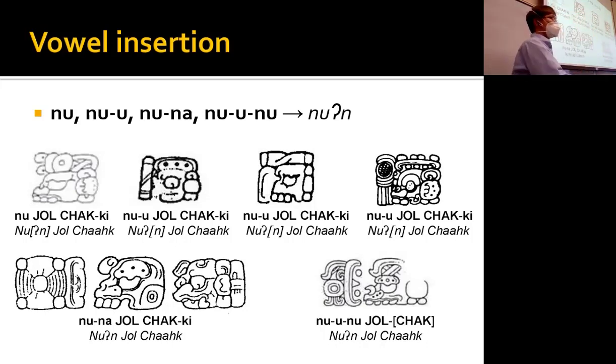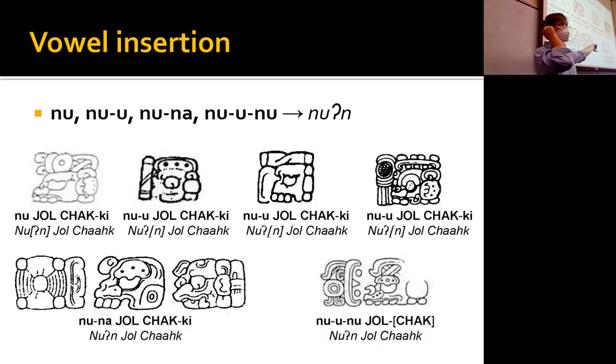And that A cannot spell a suffix because you can actually underspell the whole thing down to Nu. That implies that you don't really have another syllable there. Or Nu U Nu Holchak. So that U here basically indicates glottal stop. And that's a very strong indicator that the glottal stop is what they really want to mark with this disharmonic Nu-Na spelling. Right? Because in addition to Na, they can also write it as Nu, Nu-U, and then Nu-U-Nu for Holchak.